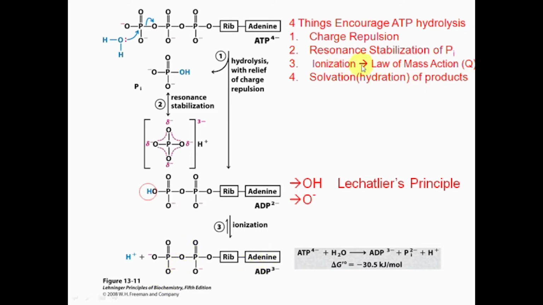Another important idea is this law of mass action. And so this is the product. But by removing the hydrogen, we have now changed the product. And Le Chatelier's principle says that a reaction will proceed in the direction of change. So if we were to remove the product right here, the reaction would just have to move to the right favorably. If we have OH as a product versus O minus, these are 2 completely different things, with different properties.